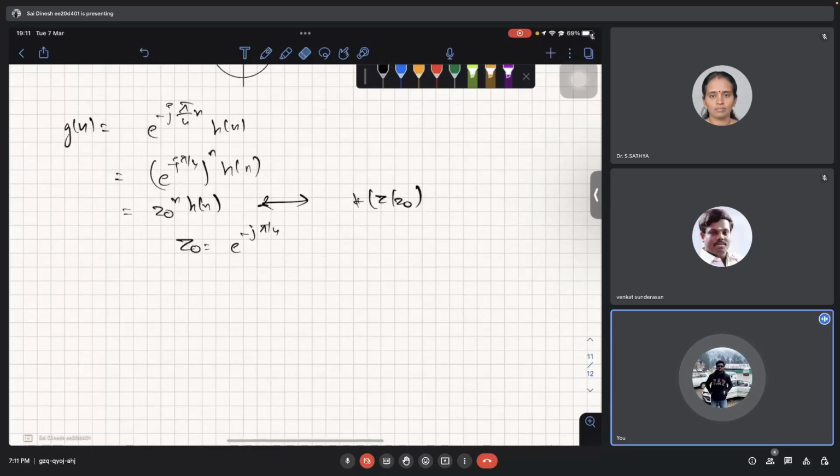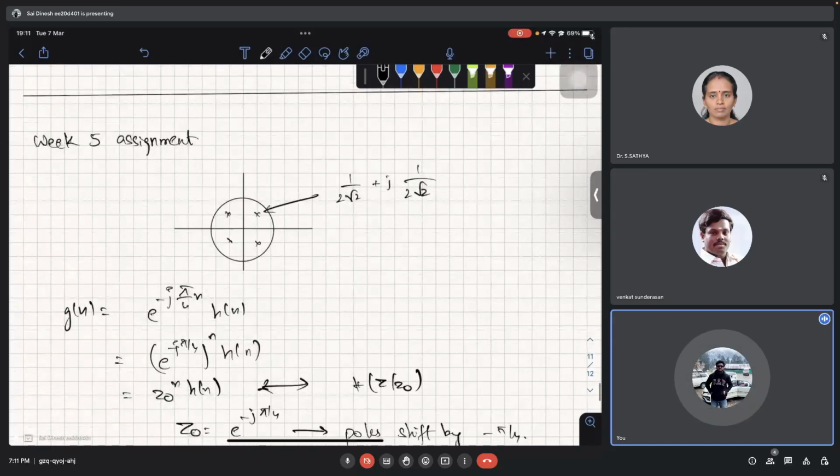So this implies the poles shift by minus pi by 4, right? So 1 by 2 root 2 shifted by angle pi by 4.